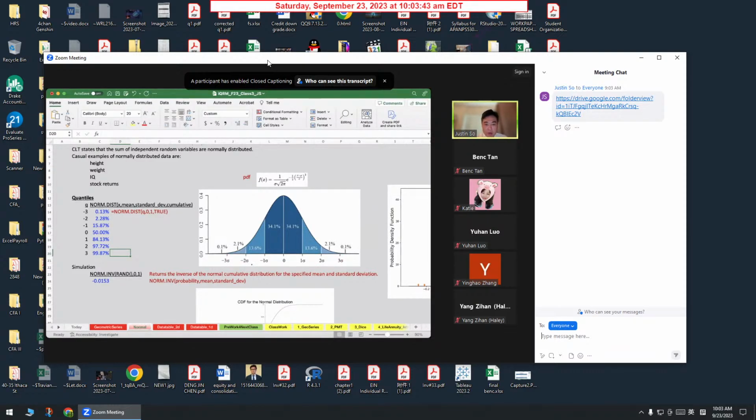So at this point, 3 standard deviations away from the mean value, but negative 3 standard deviations here, what is the percentage under it? And how can you calculate this?